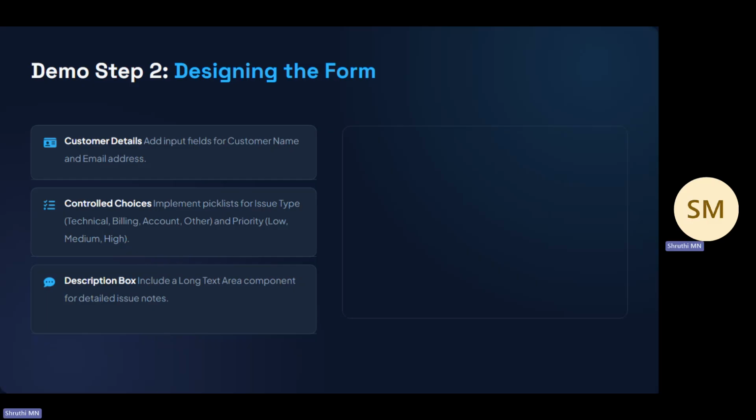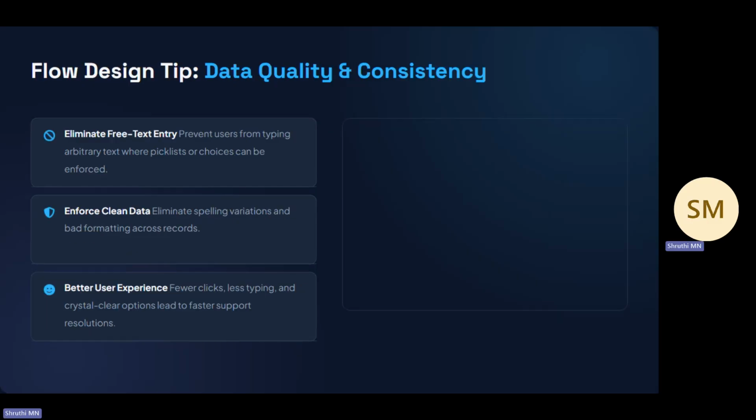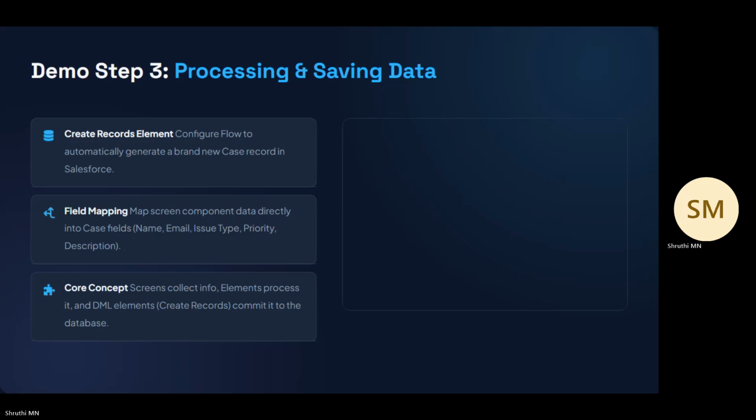Now we have collected the information, but our business process is not complete. We need to create the case. So after the screen, I'll add a create records element and configure it to create a case. Now we map the information collected by the screen to the appropriate case fields.